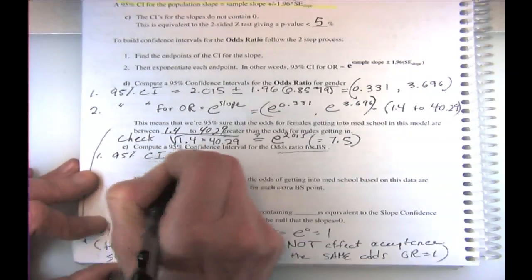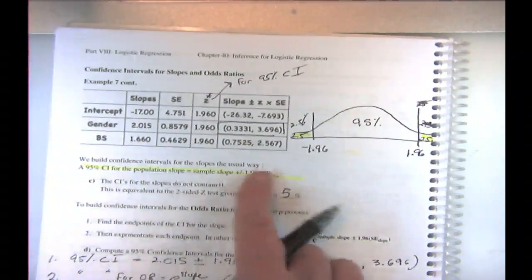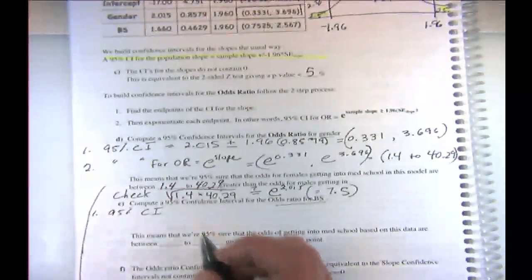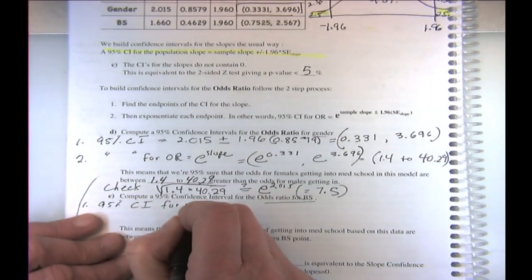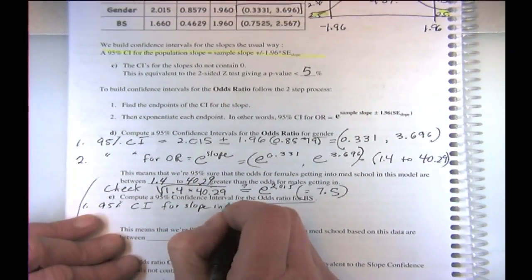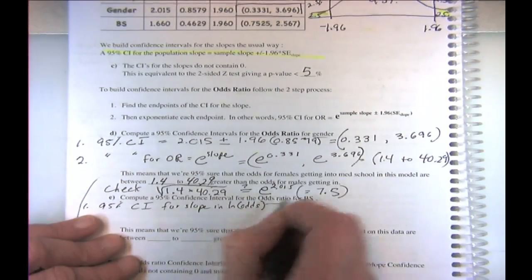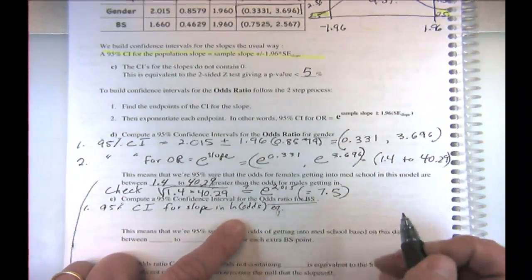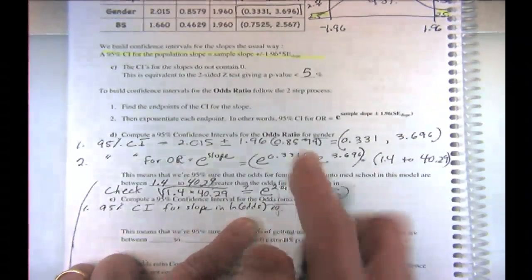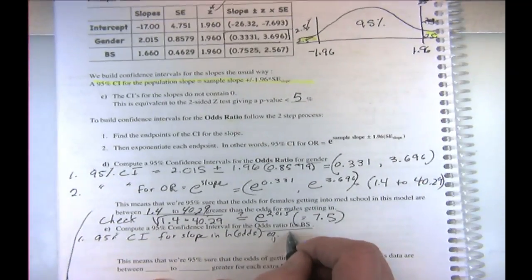First, you have to figure out the 95% confidence interval for the slope in your log odds equation, because that's where you got the standard errors. That's the linear equation that you've got the standard errors for. So that one you have to figure out first.